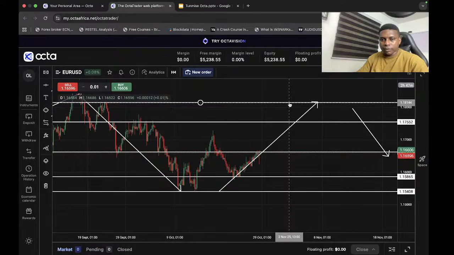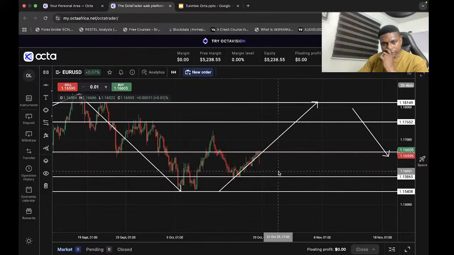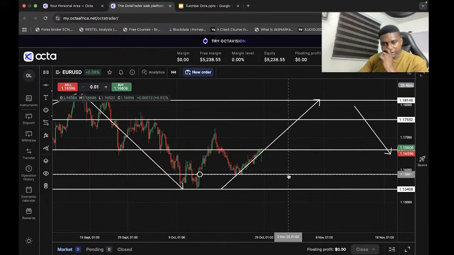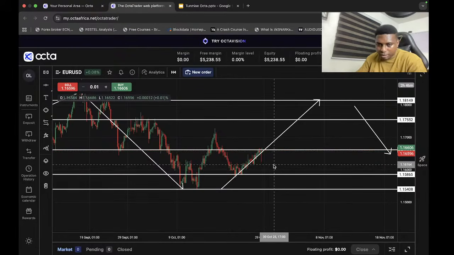Okay, good. Then this level below it, or this level here, would be our stop loss level.